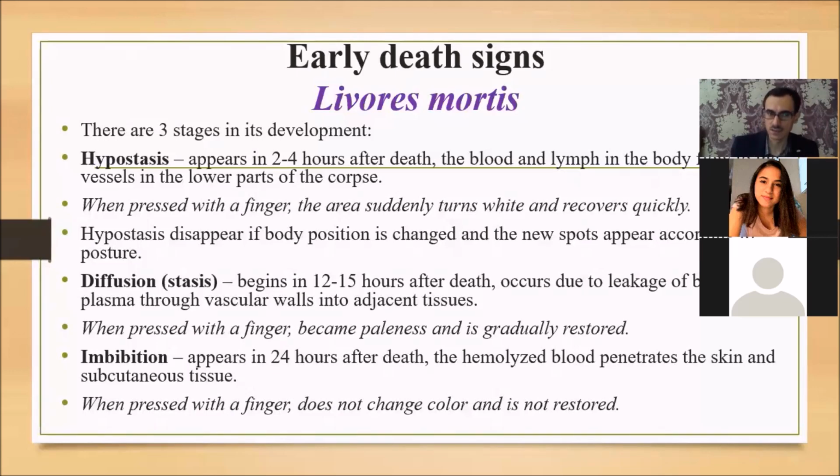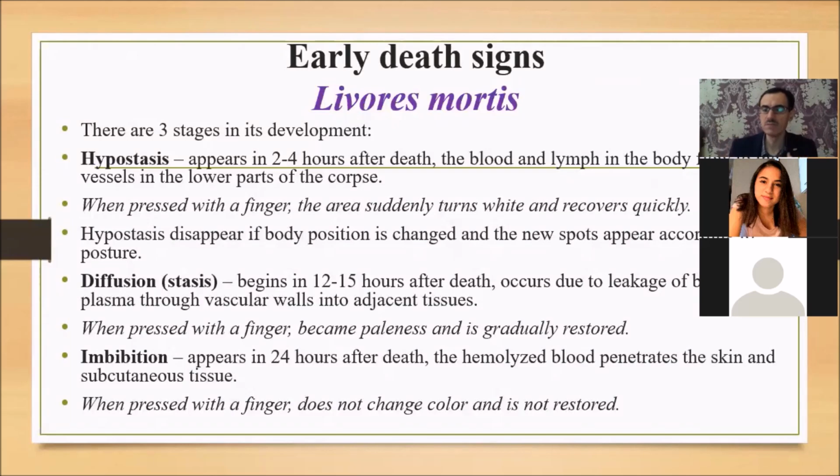The second period is diffusion, stasis, which begins 12-15 hours after death. Here, the plasma of the blood leaks from the veins into the adjacent tissues. When we press with the finger, the spots become painless and will gradually restore, not quickly.